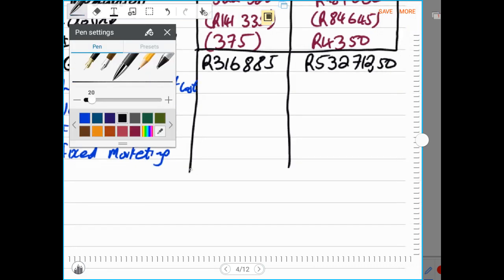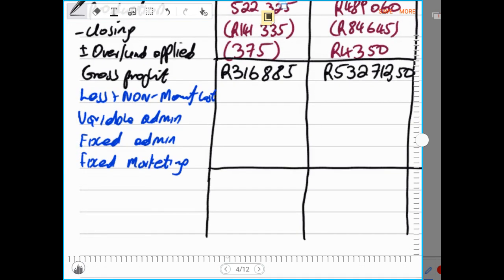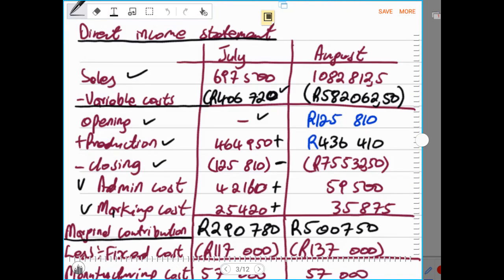So now we are just summarizing this part. And don't forget the golden rule. So now we already had our variable admin cost from the previous one.